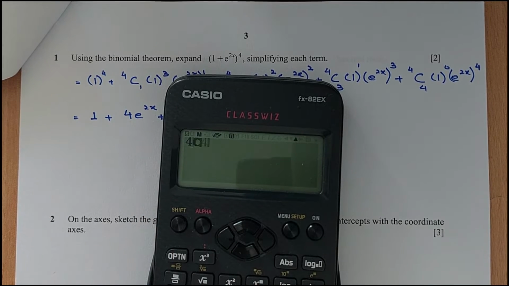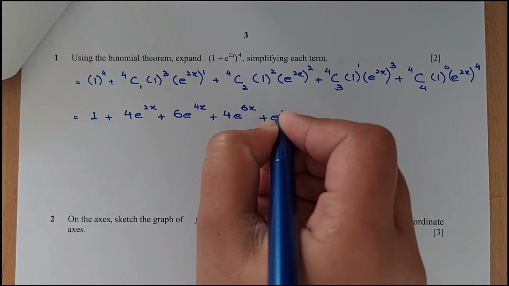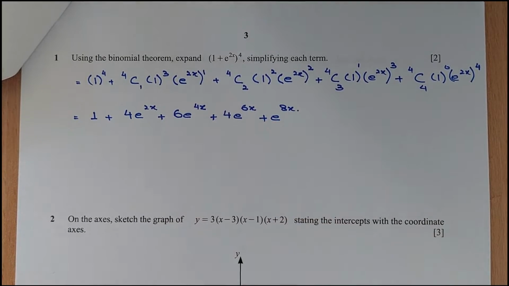Let me check. 4C4 is 1. Yes, so we have plus e^(4 times 2 is 8x).